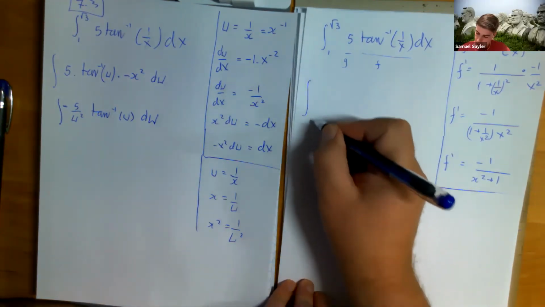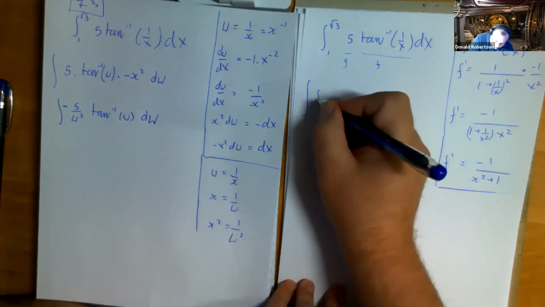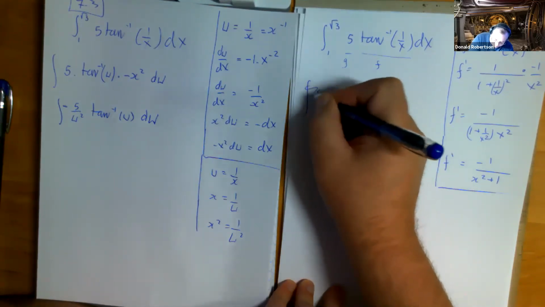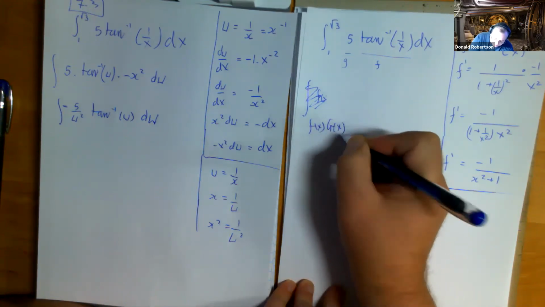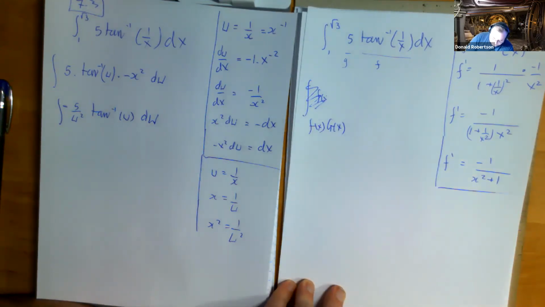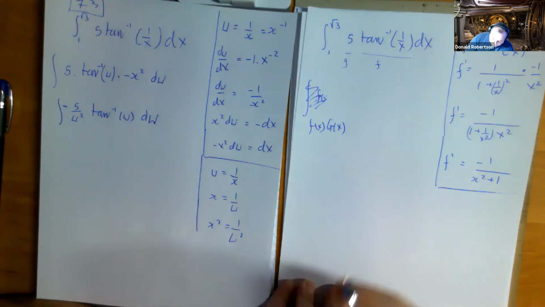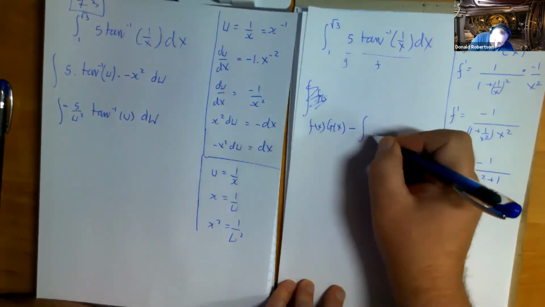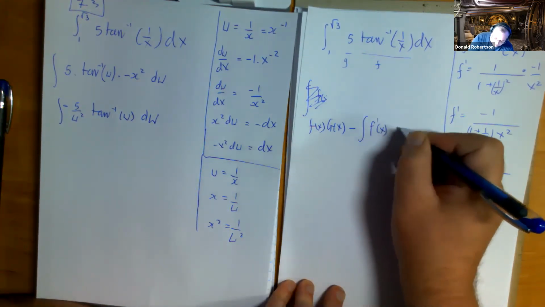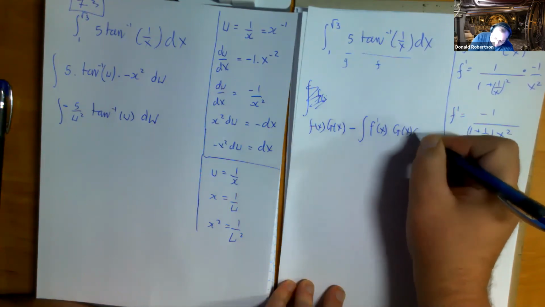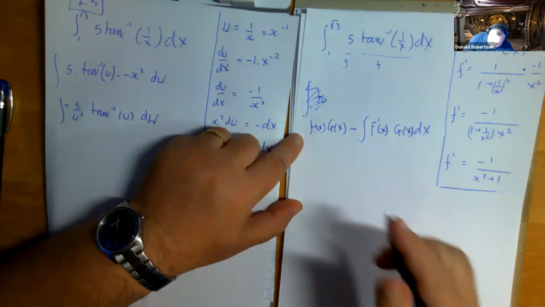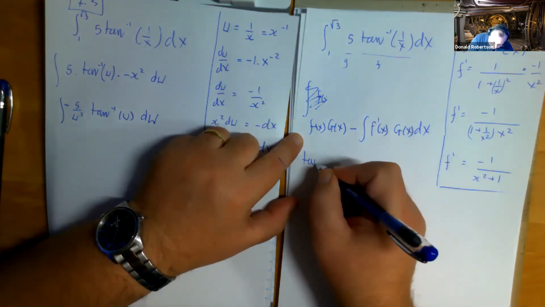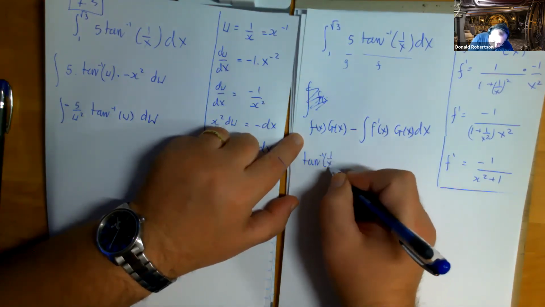So it's going to be the integral of f of x, capital G of x, take away the integral of f dashed of x, capital G of x, dx. Now, f of x is that inverse tan.